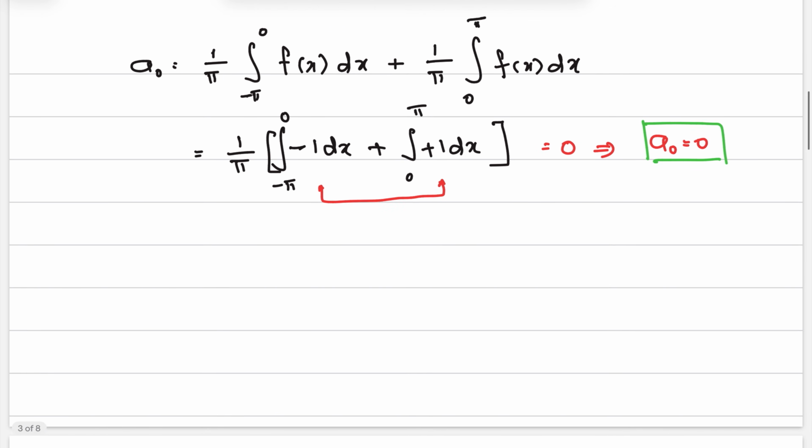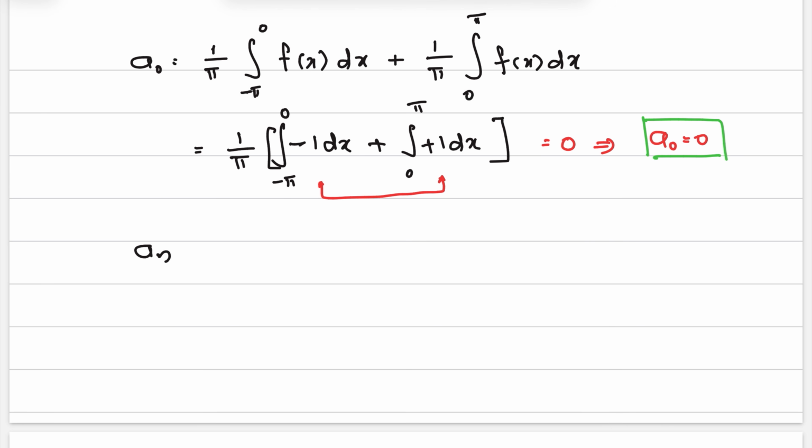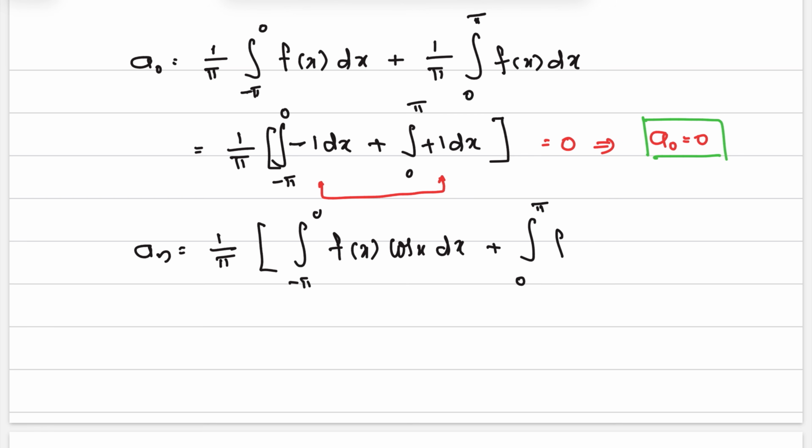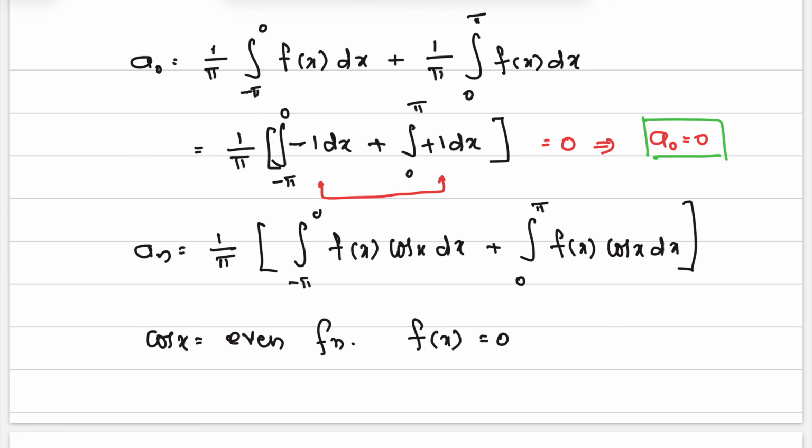Now, what is a n? a n is equal to 1 by pi integral minus pi to 0 f(x) cos nx dx plus integral 0 to pi f(x) cos nx dx. Here cos nx is an even function and f(x) is an odd function.